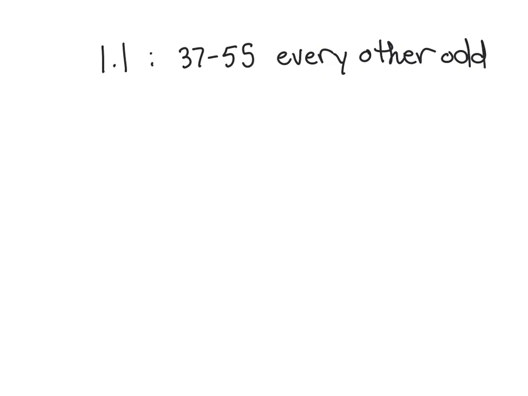And you will usually see EOO in the assignment. That means do every other odd. In other words, you're going to do 37, you're going to skip 39, you're going to do 41 and skip 43 and work your way through. If you don't end on 55, it doesn't matter. It's just that instead of doing every odd, I want you to just do every fourth problem instead of every second problem.